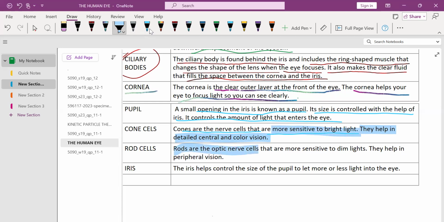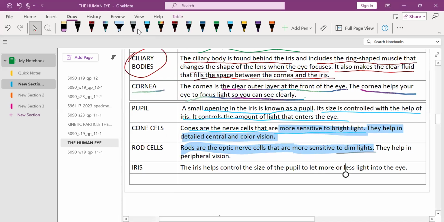However, the rod cells are the optic nerve cells that are more sensitive to dim light. You can remember it like this: D for dim light and R for rod cells.